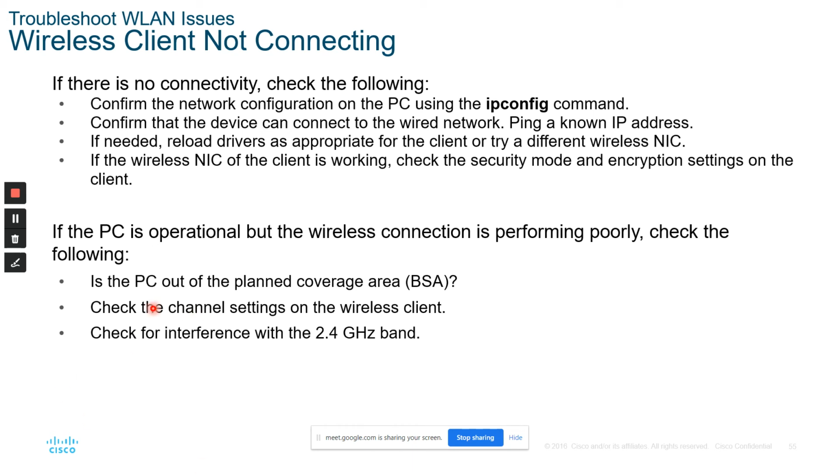The second option is to check the channel setting on the wireless client, which channel they are currently connected to, and whether that channel supports that range. Then finally check for interference on the 2.4 gigahertz band that might be causing the poor connectivity.